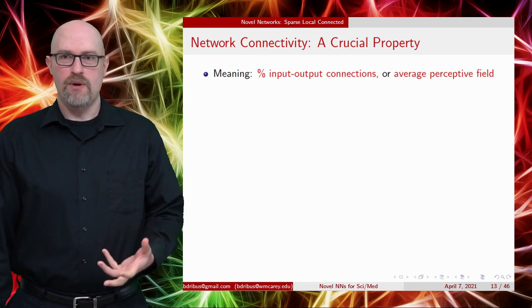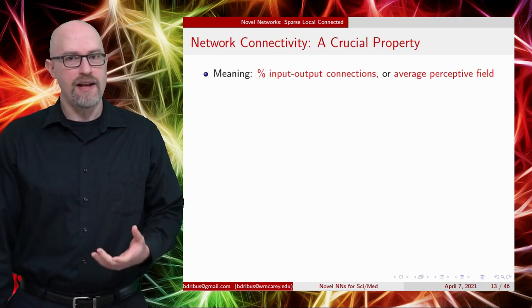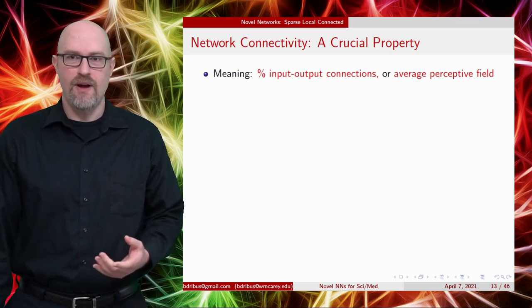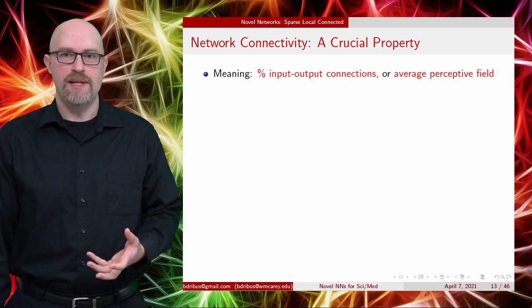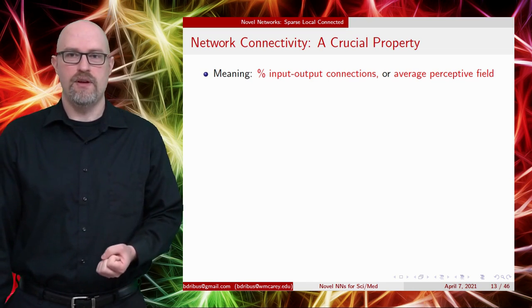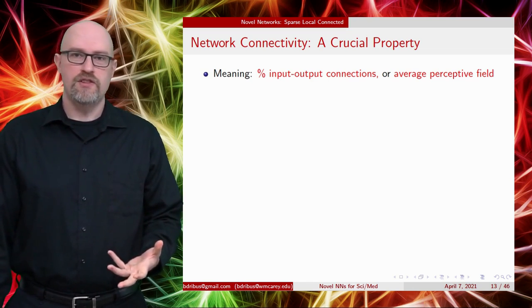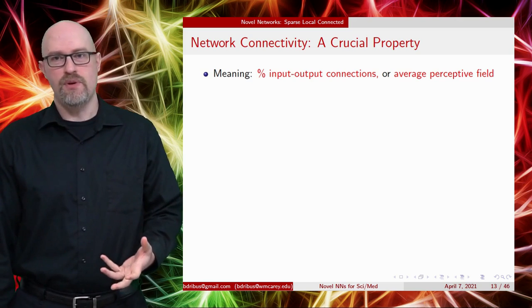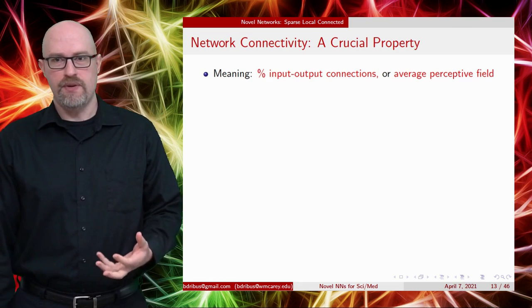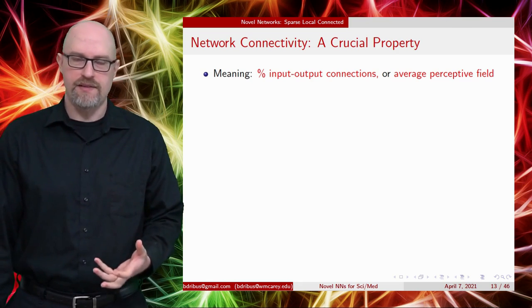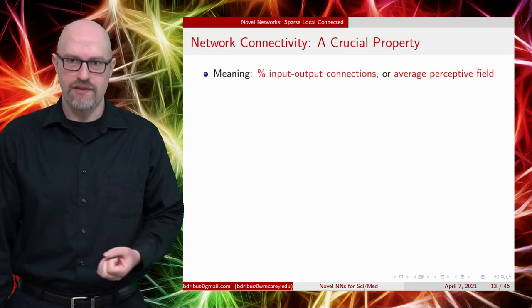But for our networks, we need the connecting edges to line up correctly in the input to output direction, so that a typical input node actually transmits information to a typical output node. Together, two such nodes are called an input-output pair. We define network connectivity to be the percentage of input-output pairs that actually transmit information.